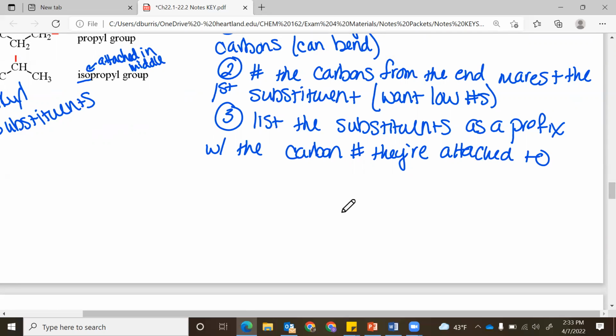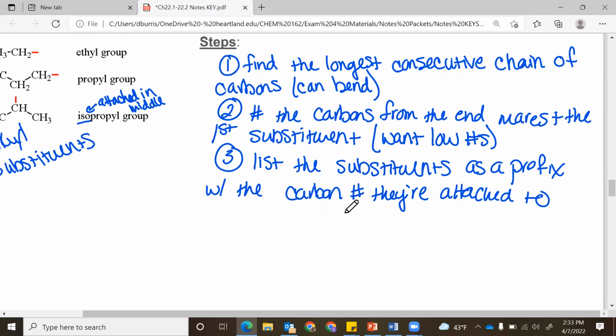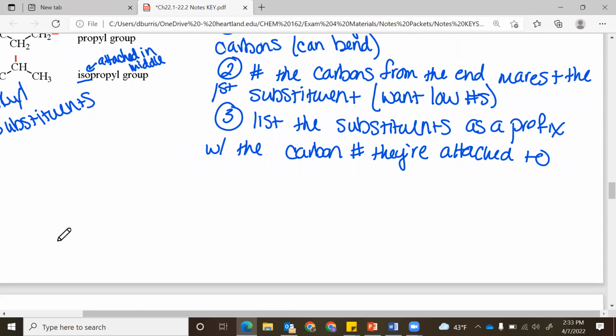So if you have a methyl group that is stuck on carbon 2, we're going to say 2-methyl, whatever, and keep going and going. Okay, so there's a couple notes about these.